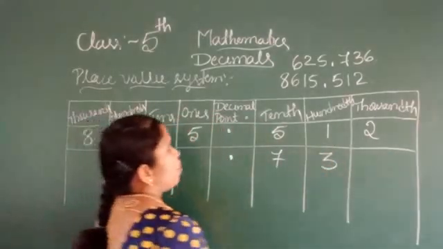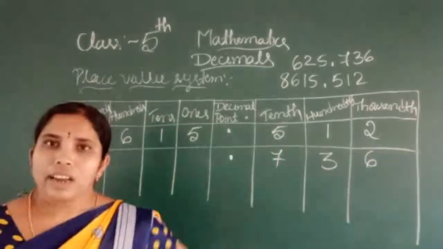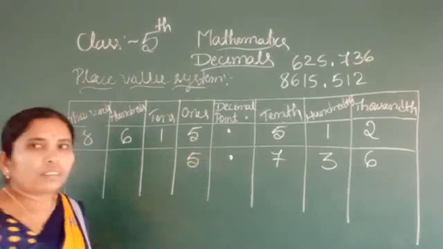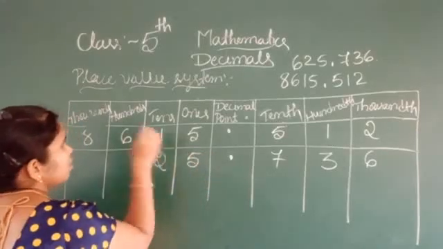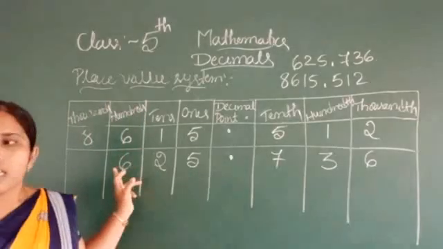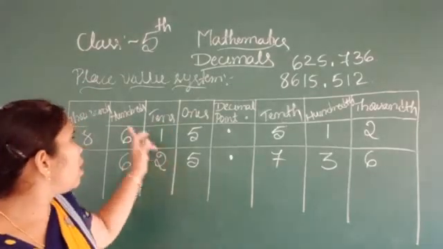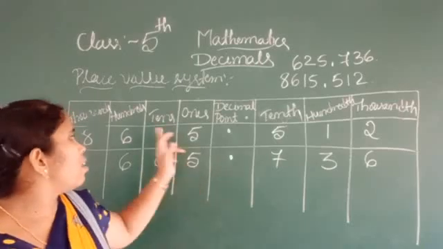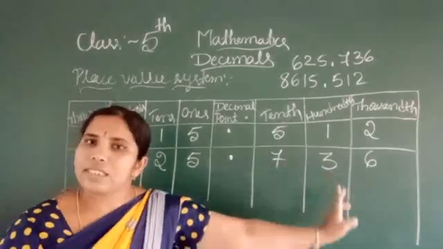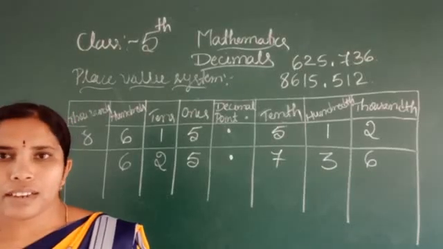Then the third digit, write in thousandth place. Then before the decimal point, the first digit write in ones place, second in tens place, third in hundreds place. See, we can read it as 625.736. Do you understand, students?